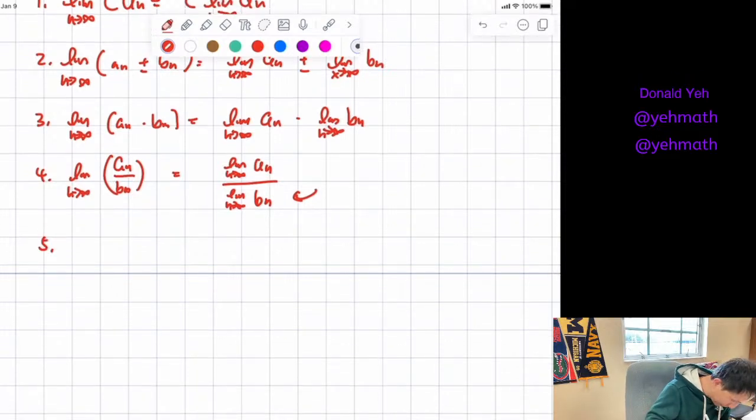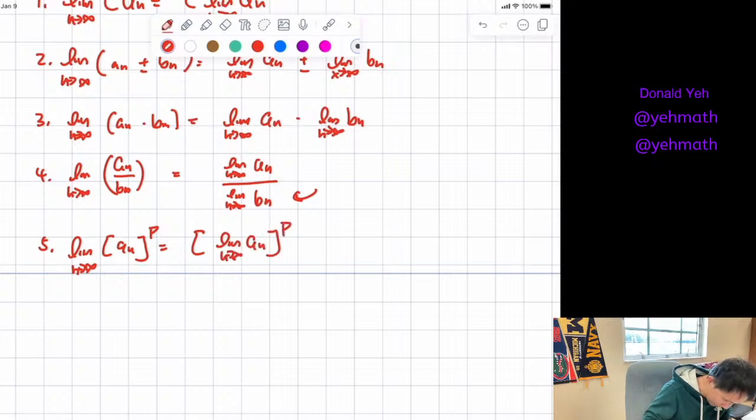Five: the limit as n approaches infinity of a_n to the p is equal to the limit of a_n, to the p. But a_n has to be greater than 0 and p has to be greater than 0.